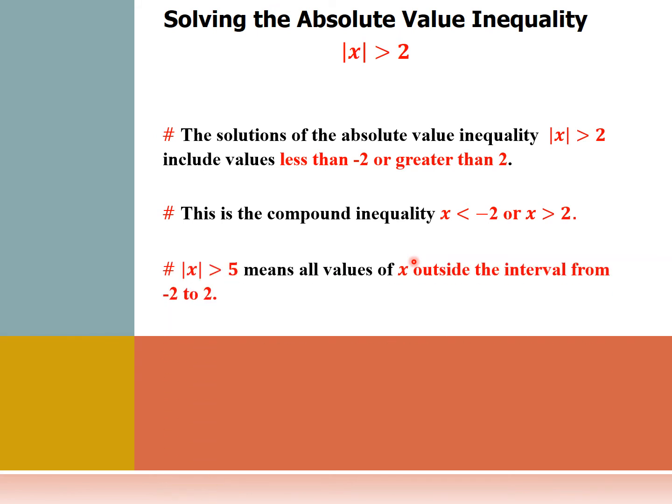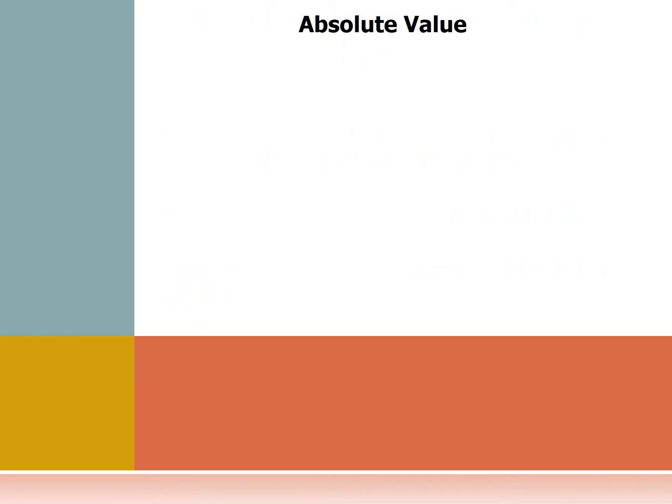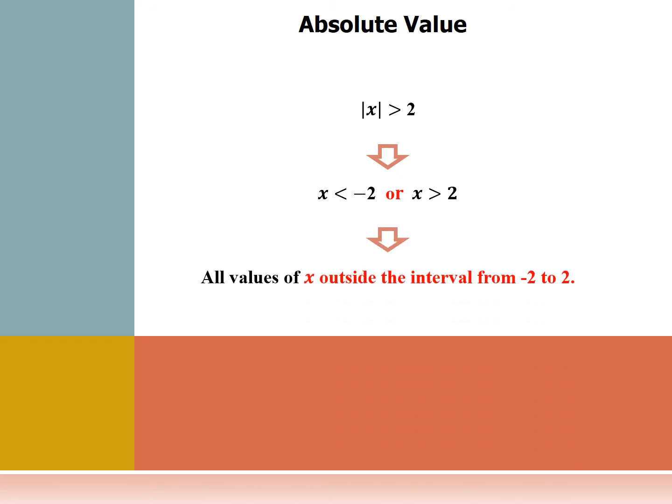Absolute value of x greater than 2 means all the values of x outside the interval from -2 to 2. So this is the outside area. And so when we have absolute value of x greater than 2, it means the area outside, so x less than -2 or x is greater than 2. So all the values of x outside the interval from -2 to 2.